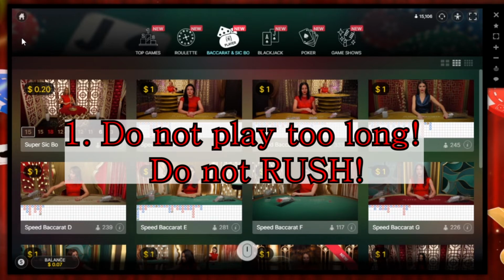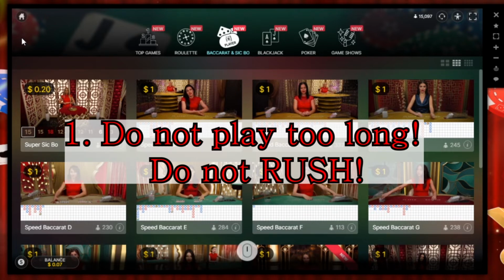With this system, you don't need to rush. You need to take your time, slowly, and grind in your money. If you play too long, you will lose. Every other casino game, roulette, blackjack, poker, whatever, if you play too long, you will lose in the end, right?